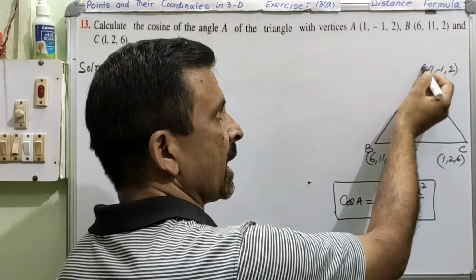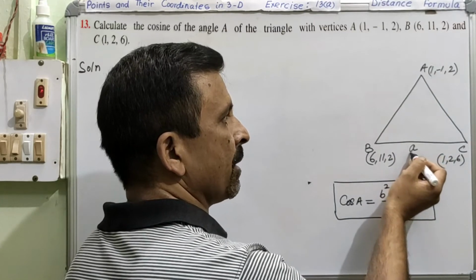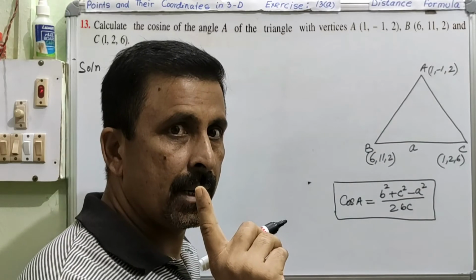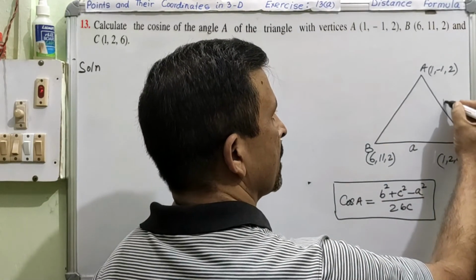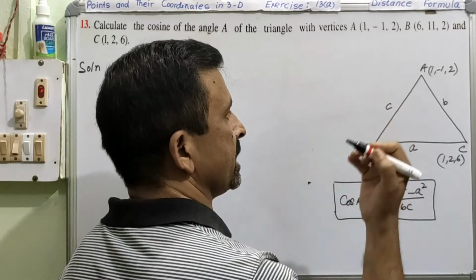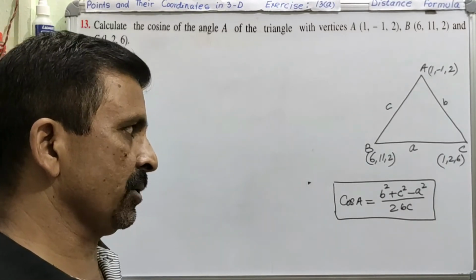This is in capital letter, so the side opposite to this angle will be named in small letter. Is it very clear? Now this is B, and then this side will accordingly be C. Is it okay? Now see the difficulty. This question is very interesting.